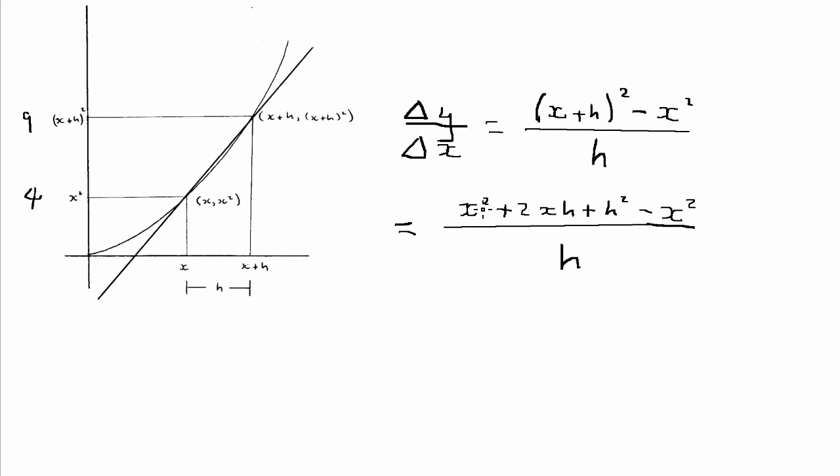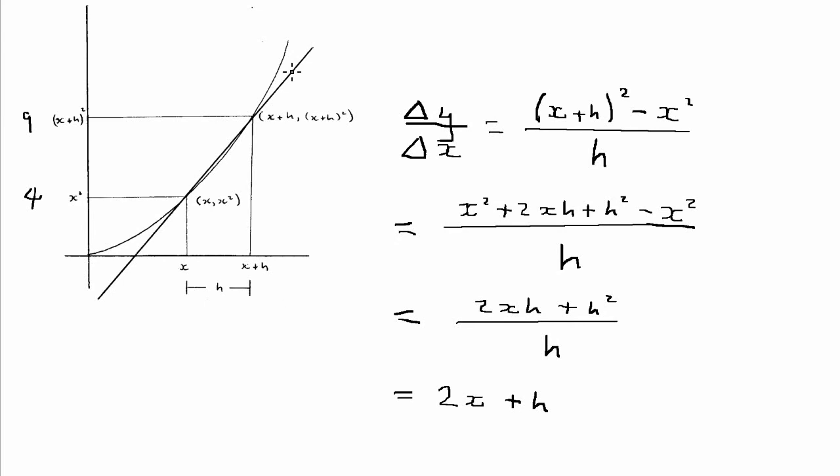Now look, we've got an x squared at the beginning and a subtract x squared at the end, so they're going to cancel each other out, leaving us just with the 2xh and the h squared. And all of that is divided by an h. Well, because it's all divided by an h, it's still quite straightforward to simplify this a bit more. That will give us 2x plus h. That, therefore, is the gradient of this straight line.